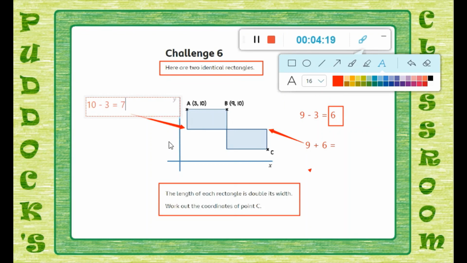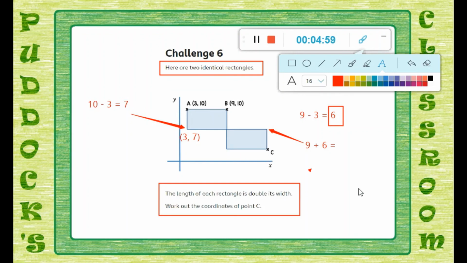So because I know what my y-axis is going to be here, and I already know my x-axis because it's the same as this one, I know that this point here is going to be 3 along the x-axis and 7 along the y-axis, so it's 3, 7. I've now got enough information to work out all the other vertices on these shapes, and we will definitely be able to get to this now.